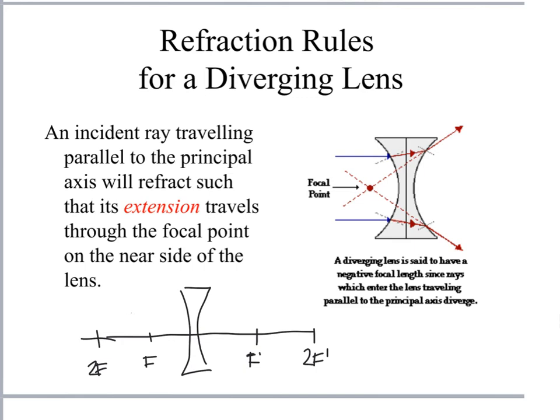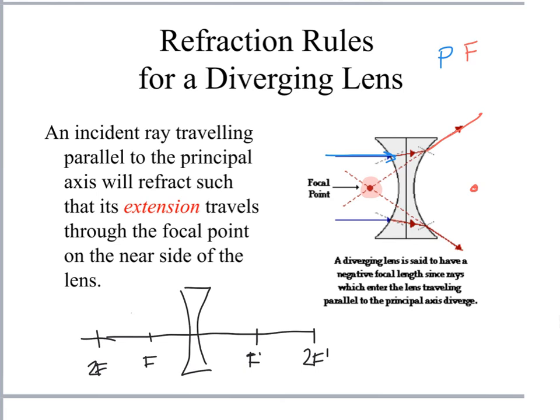Our rules have not really changed, but they might feel like they do. So in this slide, we have our parallel line, and what you may notice is that our focal is actually going not towards the focal point on this slide, but the focal point that is on the same side as the object.